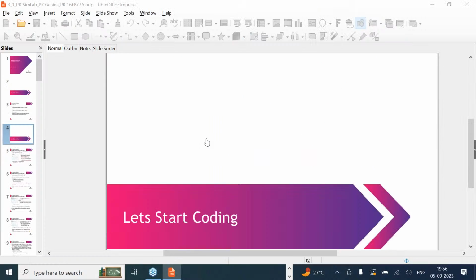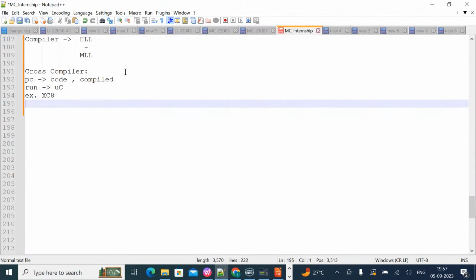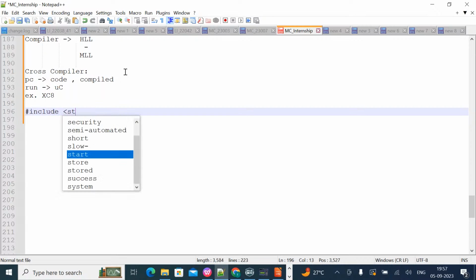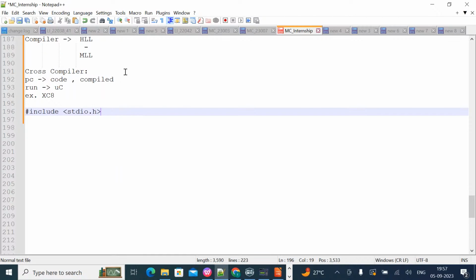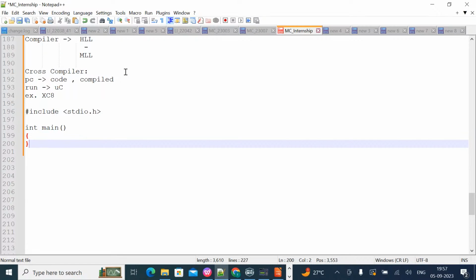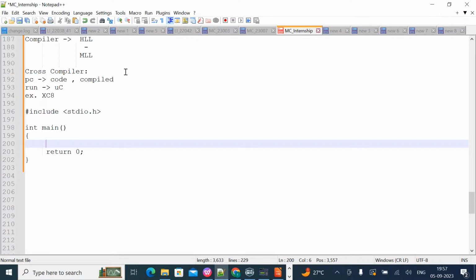Or let me write it here. See here. What is your program? That is a header file, hash include stdio.h. Fine. Then let's see int main, and it returns 0, and here I have integer x.